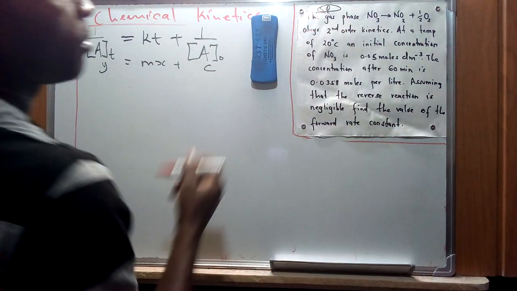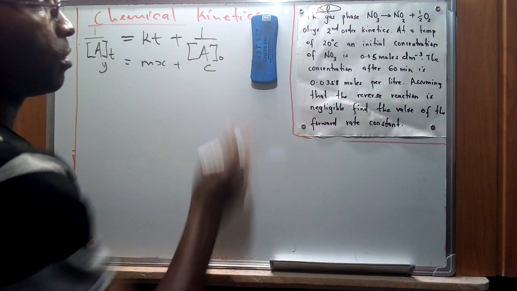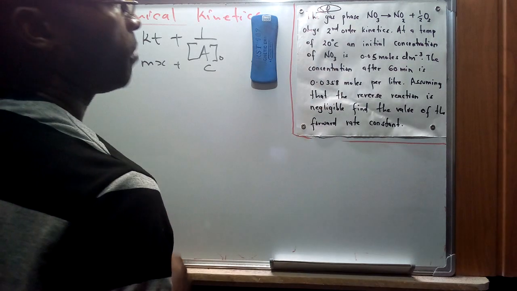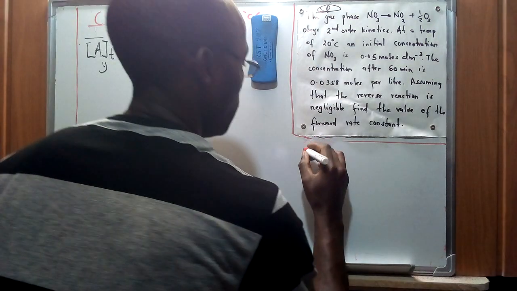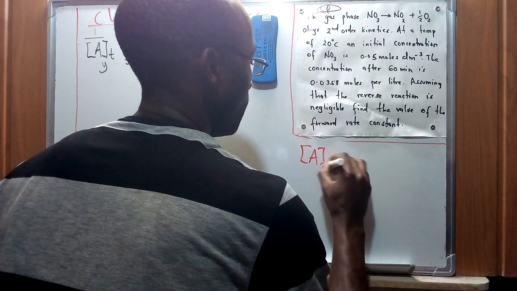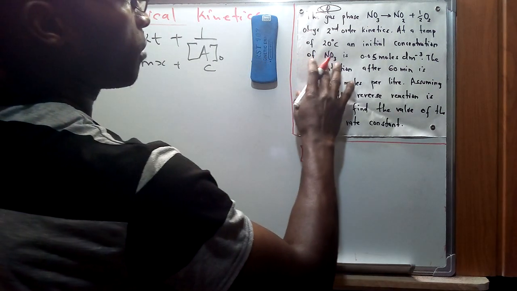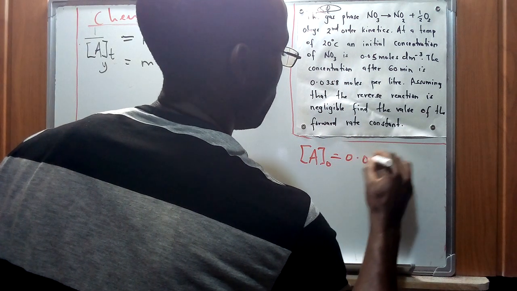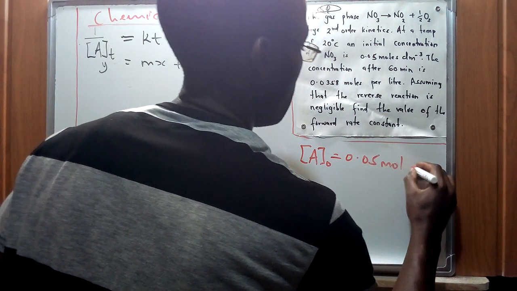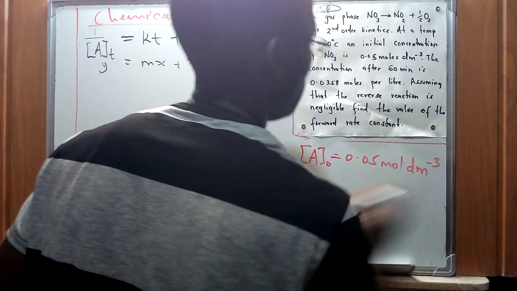The gas phase nitrogen obeys second order kinetics. So this is the equation we're going to use. At the temperature 20 degrees centigrade, we have been given an initial concentration of nitrogen of 0.05 moles per decimeter cubed.